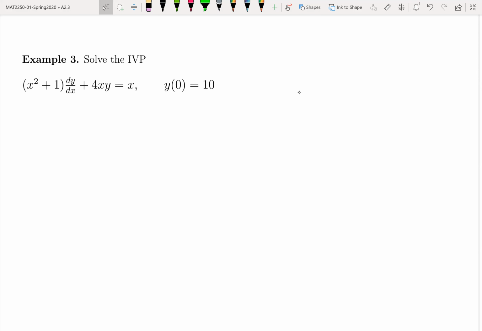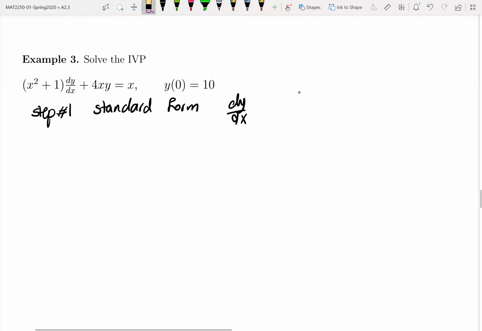Okay. Is it the standard? Okay, so I have to have derivative by itself. I have to have a function of x.